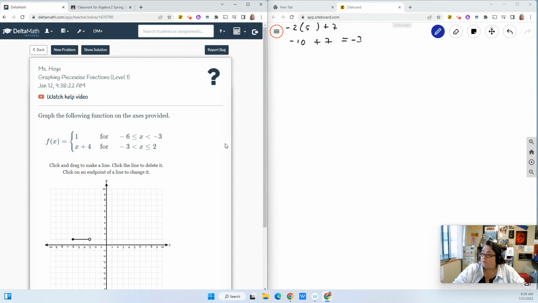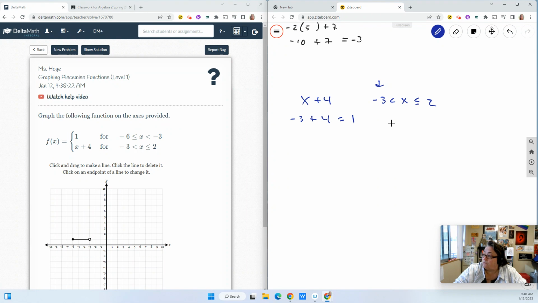This other part, though, we've got x plus 4 when we run from negative 3 to 2, right? So I'm going to use these 2 points. If x equals negative 3, if I plug it in for that, I get negative 3 plus 4, which is just 1.